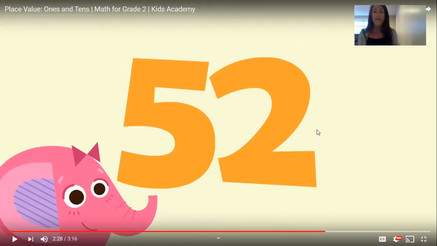The value of 5 is 50 because the digit is in the tens place. The value of 2 is just 2 because the digit is in the ones place. Now let's check to see if what I just said is correct.